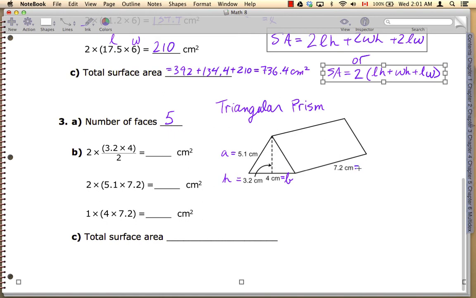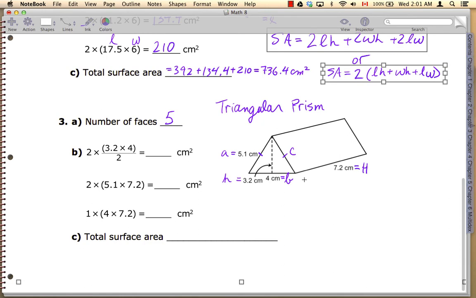I'm going to call 7.2 capital H for the height of the prism. And one thing that's not entirely clear in this diagram, and I'll just clarify it, is that the intent was to have these two sides equal to each other. I'm going to call this third side length C, and it is the same as A in this particular case.